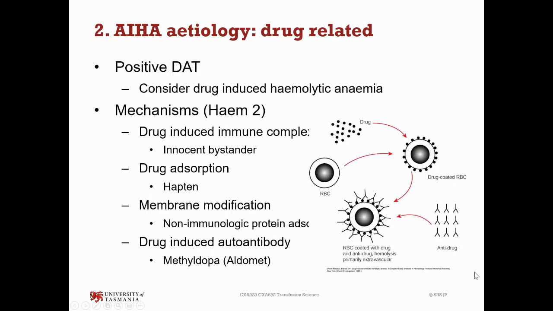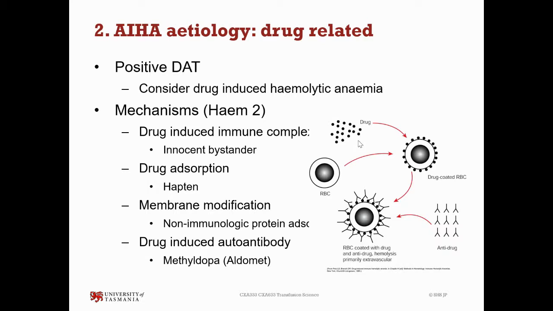The next one we have is drug adsorption, or the hapten mechanism. Many of you may know from microbiology that some drugs or some soluble antigens are too small to be recognised by the immune system, and it's not until they are coupled with a larger antigen, or in this case adsorbed onto a red cell, that they become large enough for the immune system to recognise them.